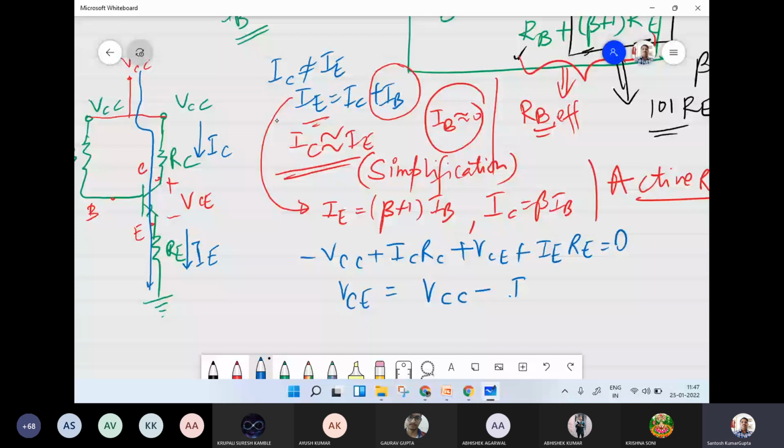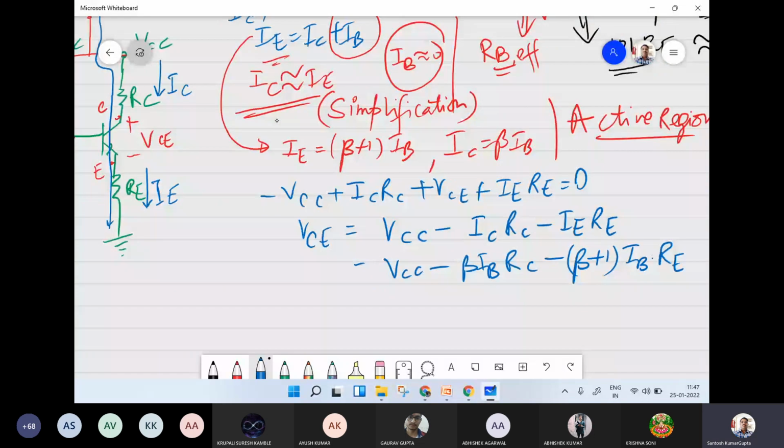In place of IC, we can write beta IB, and in place of IE, we can write beta plus 1 times IB. So VCE is equal to VCC minus this value.